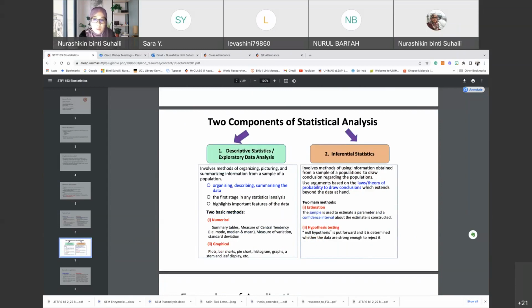Whereas inferential statistics is related to forecasting. You have the data, but you want to use that data for forecasting, for estimating something in the future. For example, weather forecasts. The meteorologists, the people who are experts in meteorology, have certain types of data, but they use the data to predict the weather of tomorrow, the day after tomorrow.